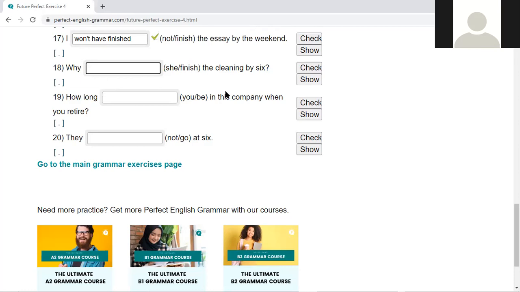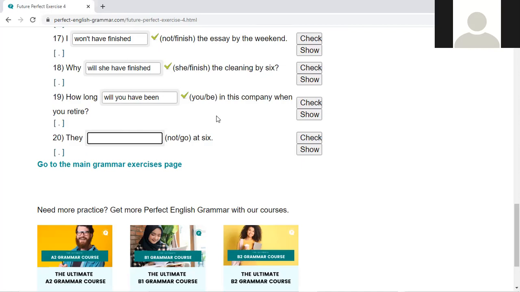Why will she have finished the cleaning by 6? Okay, very good. Bueno. Oh my God. Es que me equivoqué aquí. Le puse una D de más. Finished. Okay. 19. How long will you have been in this company when you retire? Okay, very good.